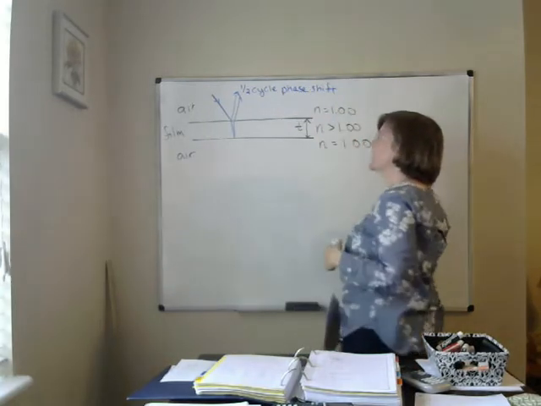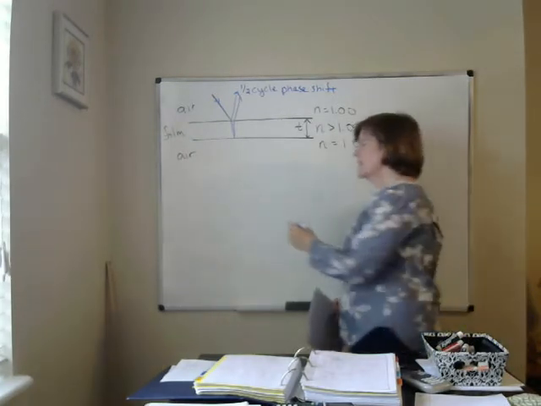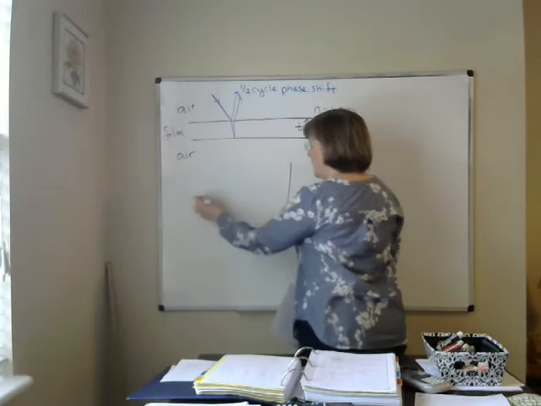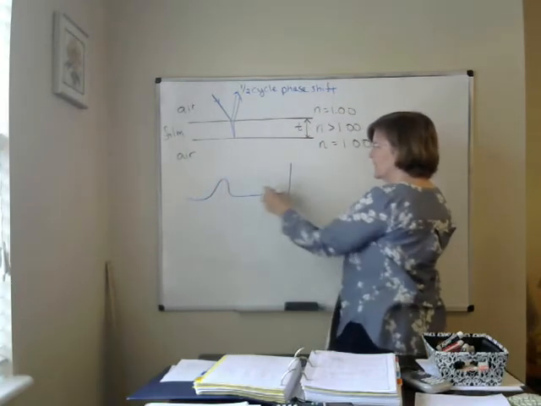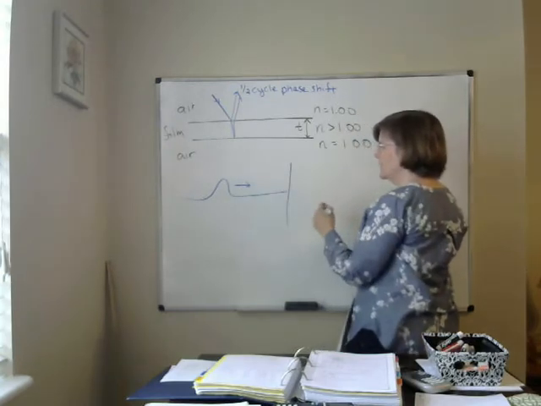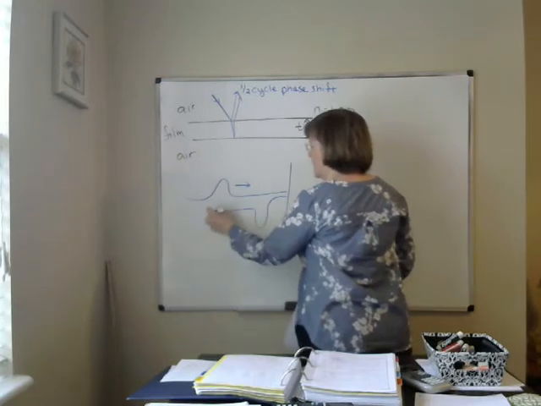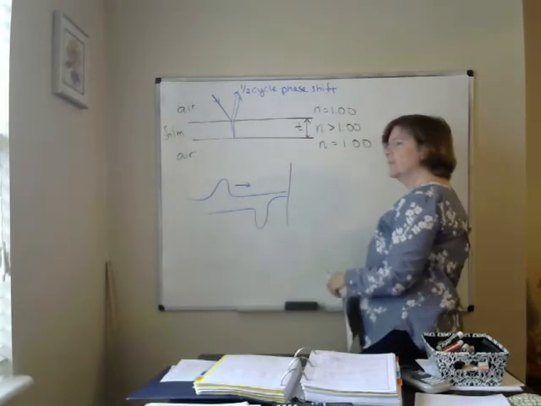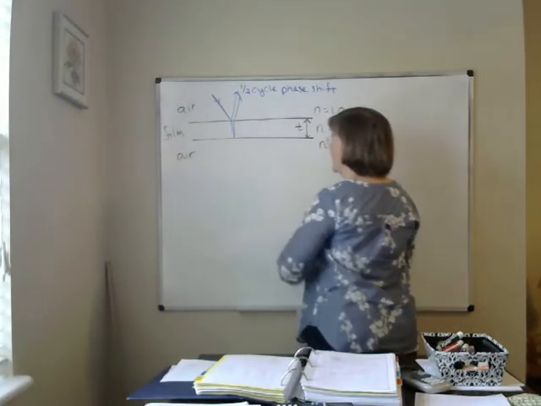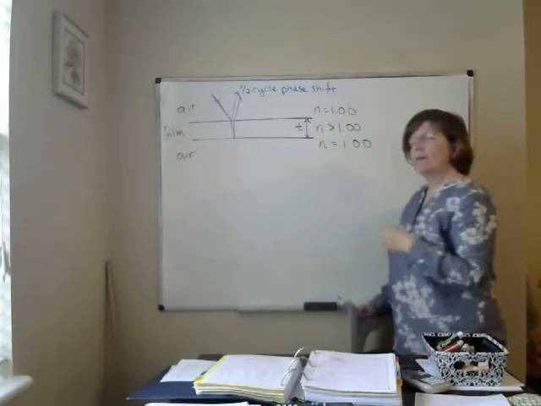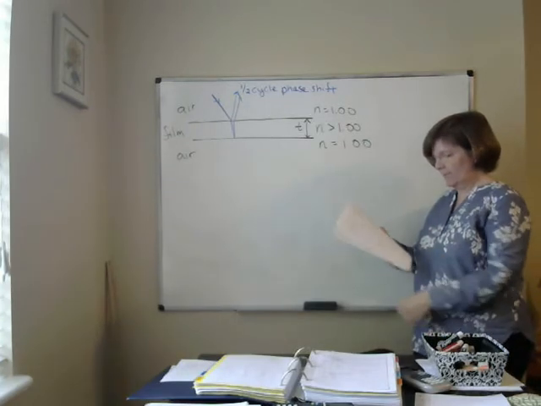Now you might wonder, why in the world did it have a phase shift? Well, it had a phase shift for the same reason that if I send a wave pulse and it hits a rigid boundary, I don't know if you remember when we talked about waves, when it bounces off, it's reflected. It undergoes a 180-degree phase shift. That only happens, however, when it reflects off a higher index of refraction.